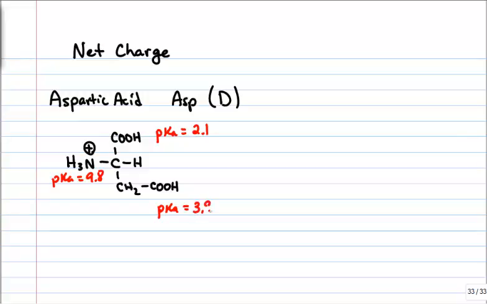All right. Now, to determine which is the major form of these three ionizable groups, you have to compare pH and pKa. I'm just giving us a pH. Let's say we're at pH equals 8. What is the major form of this amino acid at pH 8?